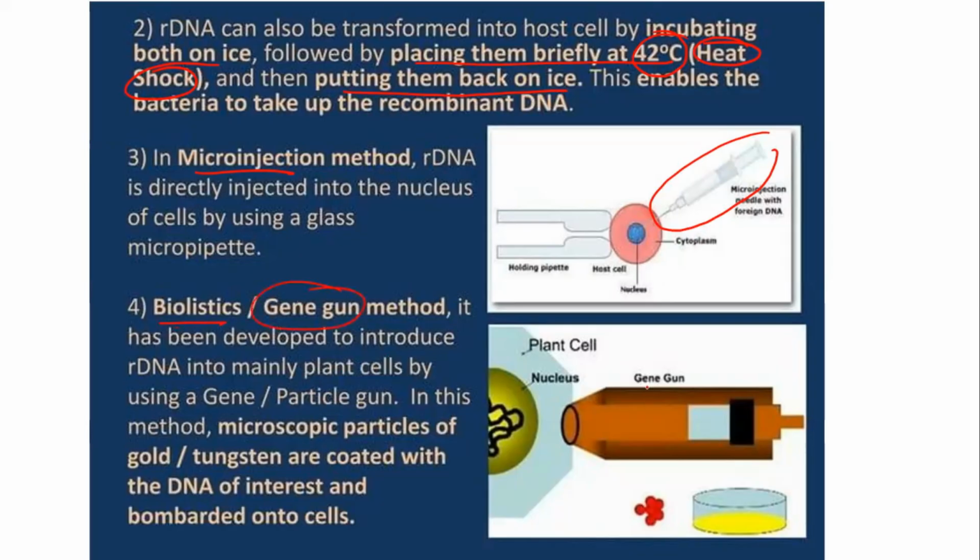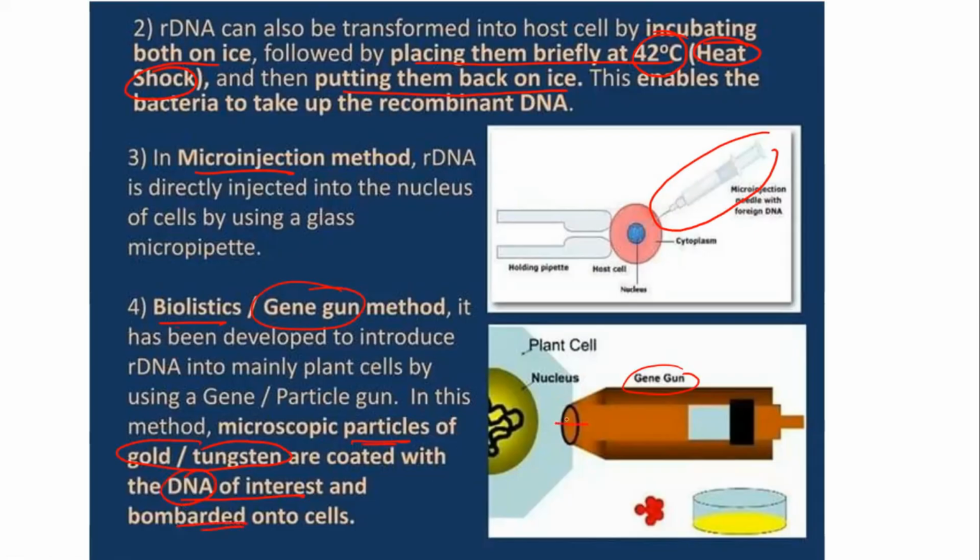So next is biolistics or gene gun. Similar to the term, it is a gene gun, and here the rDNA is transferred to the target or host cells. They use microscopic particles of gold and tungsten which are coated with the DNA of interest, and then it is bombarded into the cells.